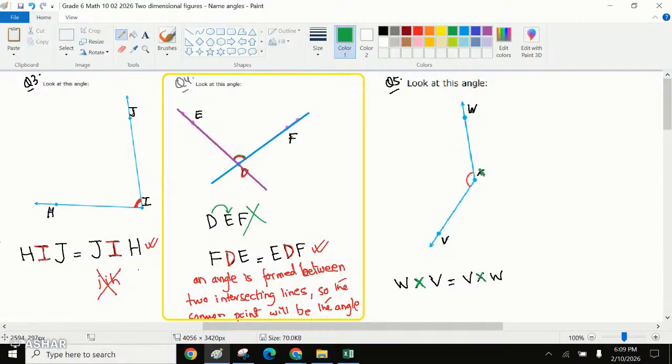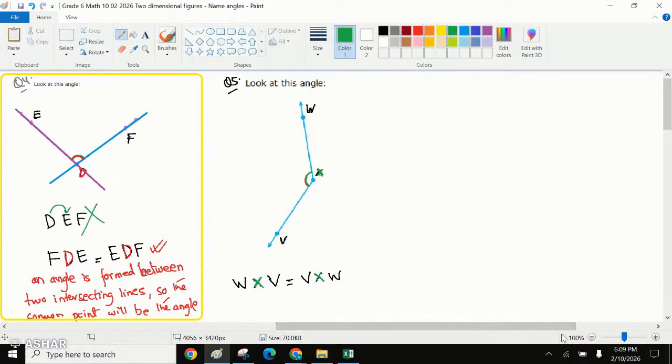This vertex X, this point X, right? I told you. Okay. Either of them would be correct. Yes, thank you. Thank you, Ashik.